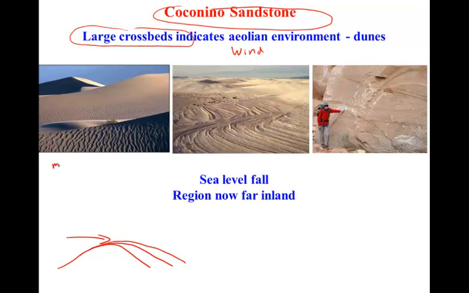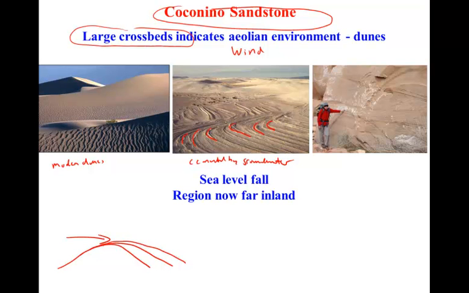Here we see modern dunes. Here we see dunes that have been cemented by groundwater flow, which has laid down a chemical cement between those sand grains, preserving the crossbeds.